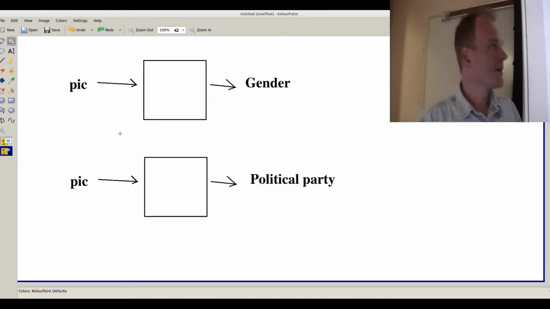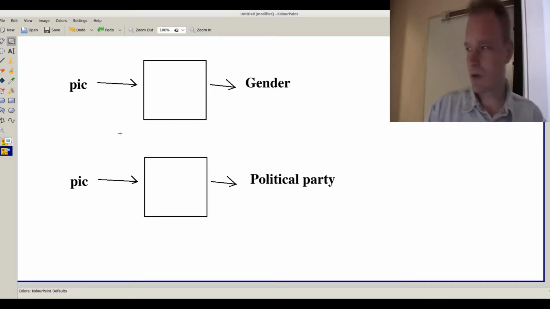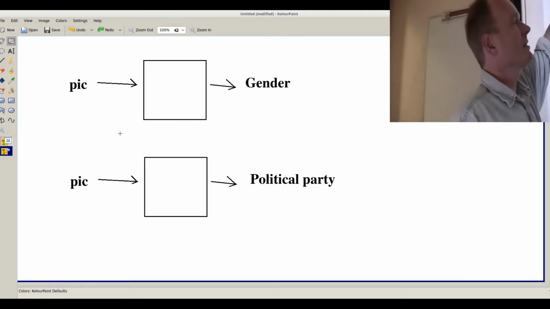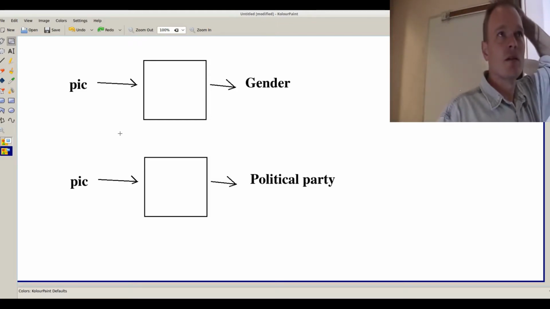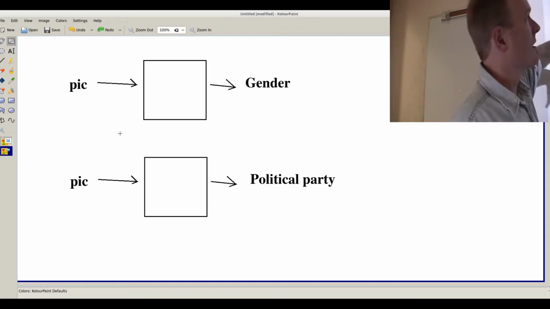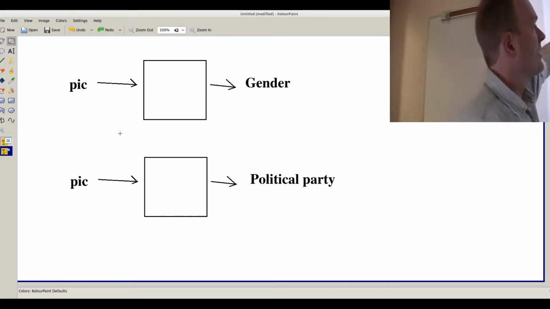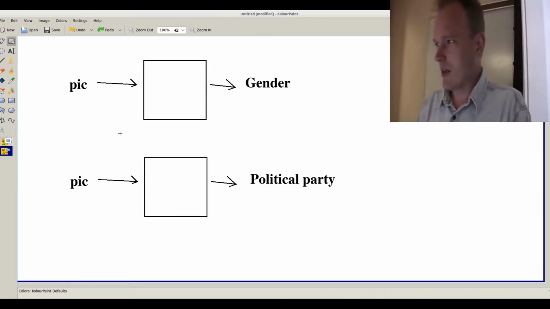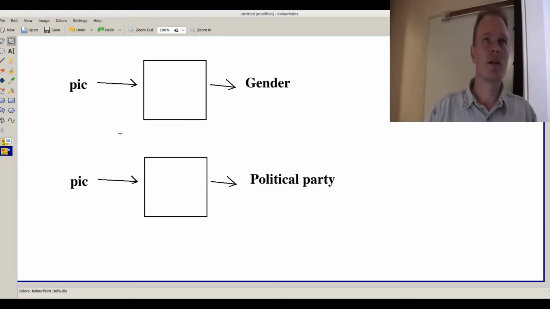So there are a few reasons to suppose one or the other. Now, imagine that this neural network has a limited number of weights, right? Well, if the number of weights is insufficient, then splitting them is probably a better idea, because now every single weight can be dedicated to predicting political party in this one, and every single weight can be dedicated to predicting gender in that one. But here's the question: is there a correlation between gender and political party?